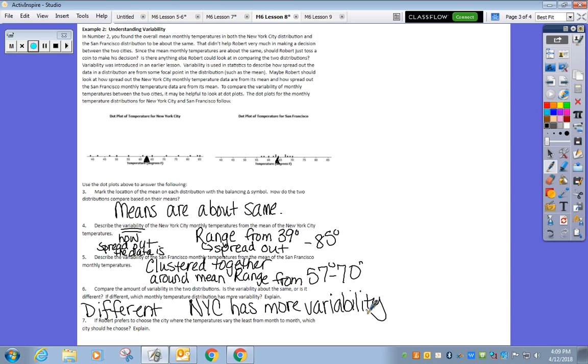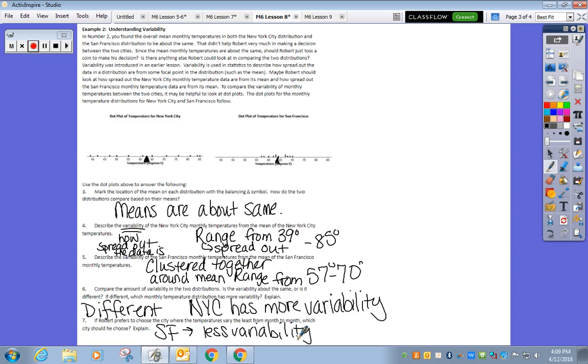If Robert prefers to choose the city where the temperatures vary the least from month to month, which city should he choose? Explain. Well, if he wants to go where they don't change too much, he would want to stick to San Francisco. San Francisco temperatures have less variability. They don't spread out.